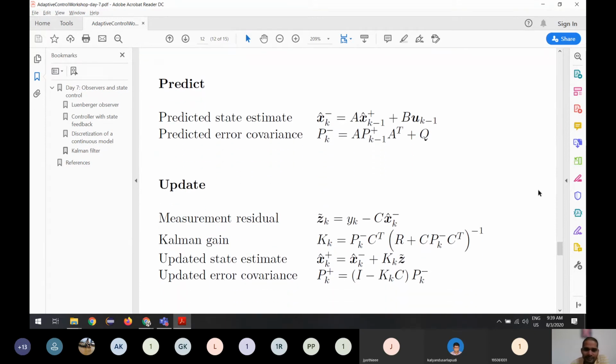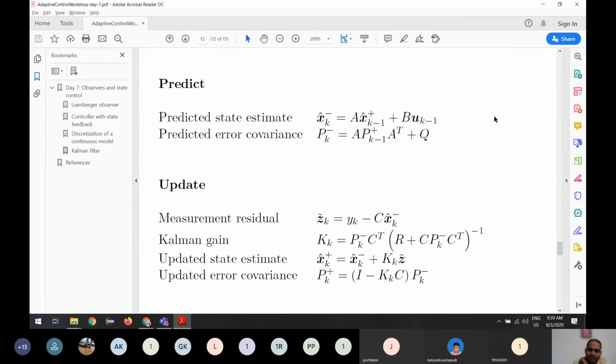So let's see what the Kalman filter says. The Kalman filter is this one. This is the algorithm for the Kalman filter. It is actually a 6-step process, or if you want, you can break these steps into two more extra steps, like an 8-step process. So we break it into a 6-step process, and here we have two stages: one is predict and then update.